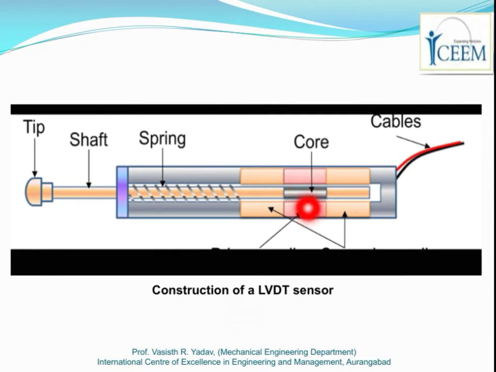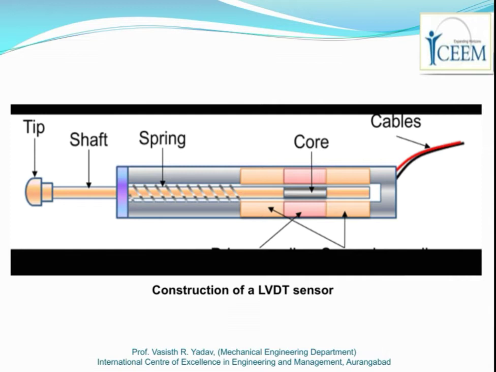Remember, among the 3 coils which we place inside an insulated tube, the coil at the center acts as the primary coil, and the remaining 2 act as secondary coils. These secondary coils are connected in series in such a way that their outputs oppose each other.